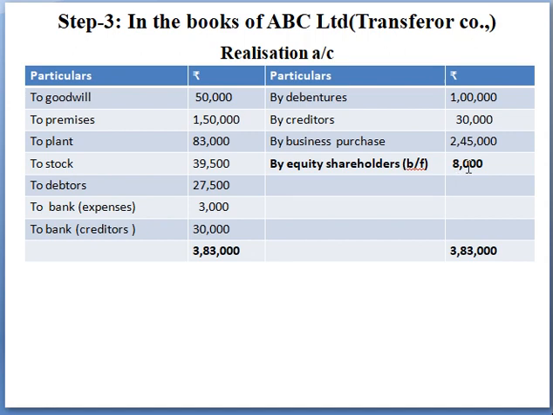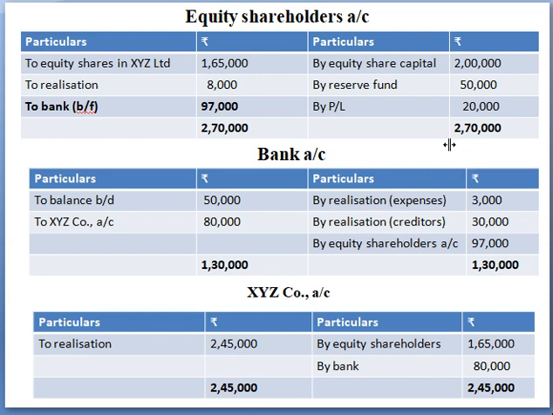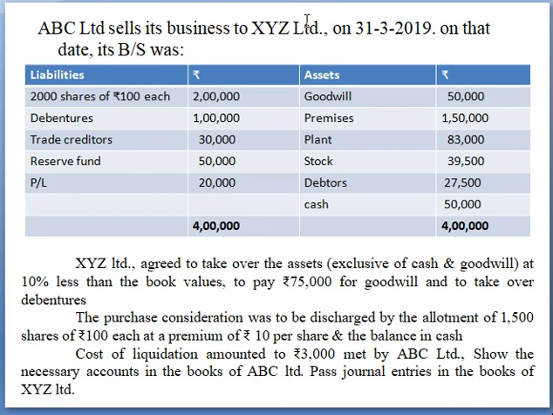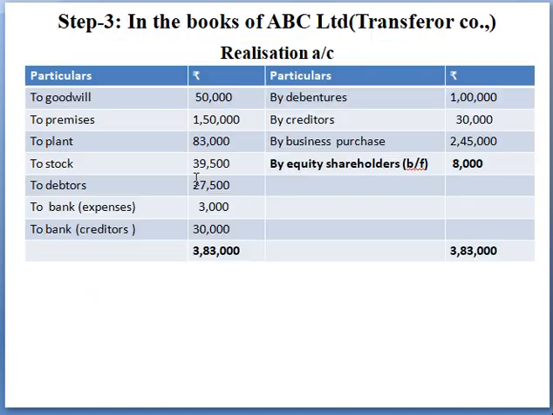And your second ledger is to prepare the equity shareholders account. So here, it comes under the nature of personal account, debit the receiver, credit the giver. So always start with the credit side, what the equity shareholders give, right? The equity shareholders give the capital 2 lakhs, reserve fund 50,000 and the profit 20,000 rupees, right?